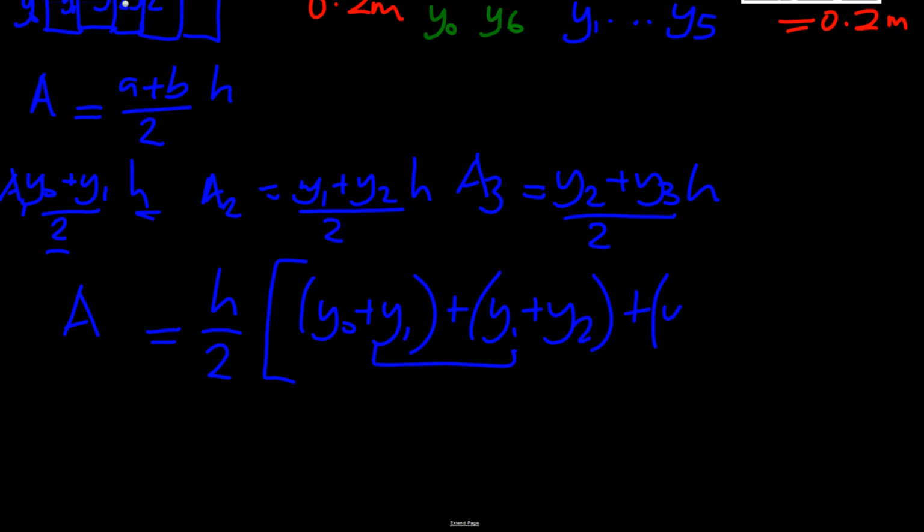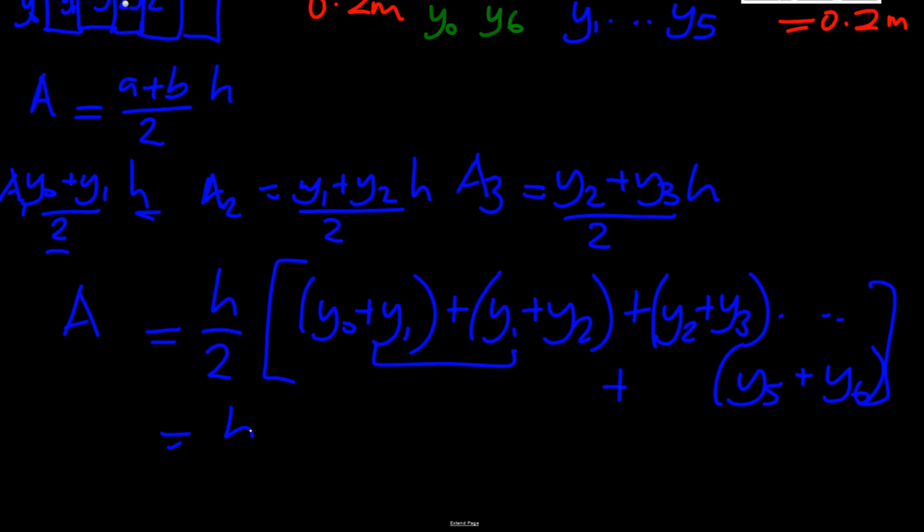We get our end ones, which are y0 and yn, and then all the other values at the other ordinates are doubling up, aren't they? Appearing twice in here, so that'll be yn minus 1. Okay, so that's why we get this formula.